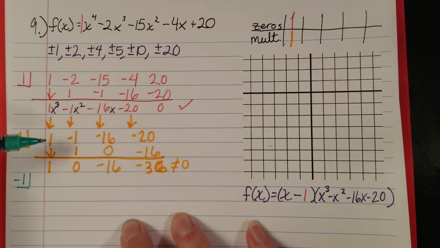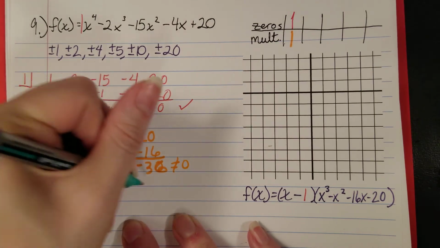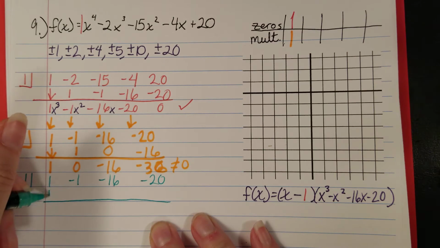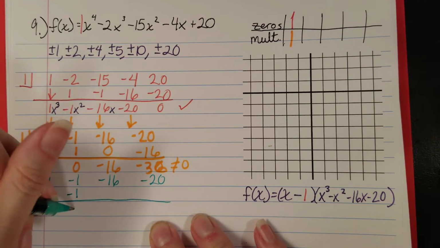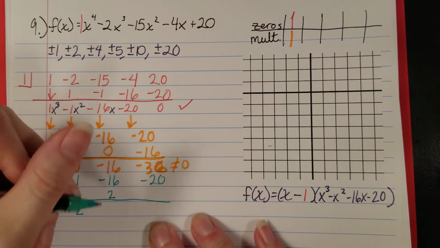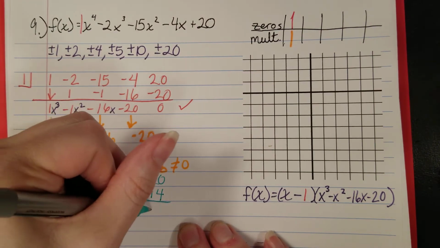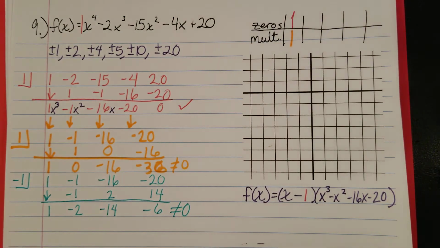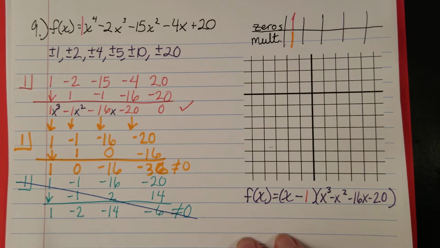And again, we're going to use these coefficients here: 1, -1, -16, -20. So 1, -1, -2, 2, -14, 14, -6, which is not equal to 0. So -1 is not a 0 of the polynomial.